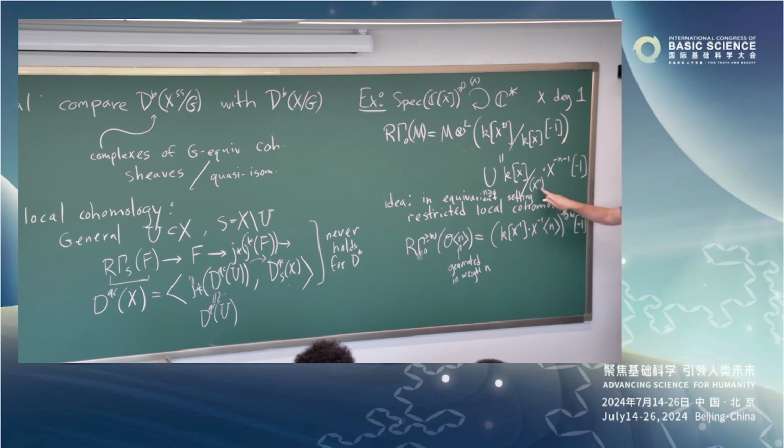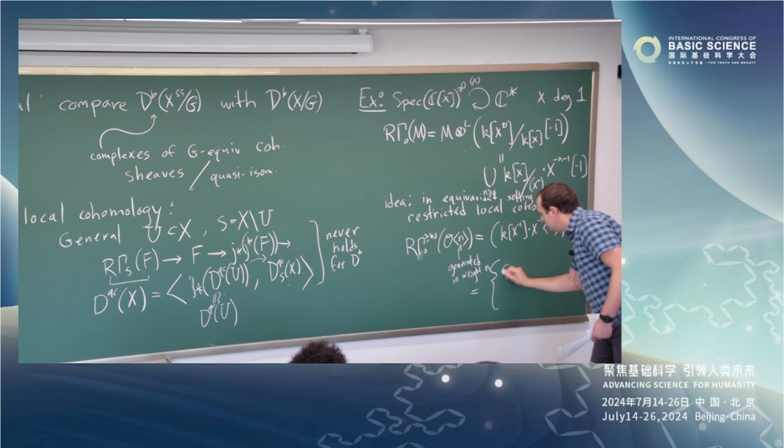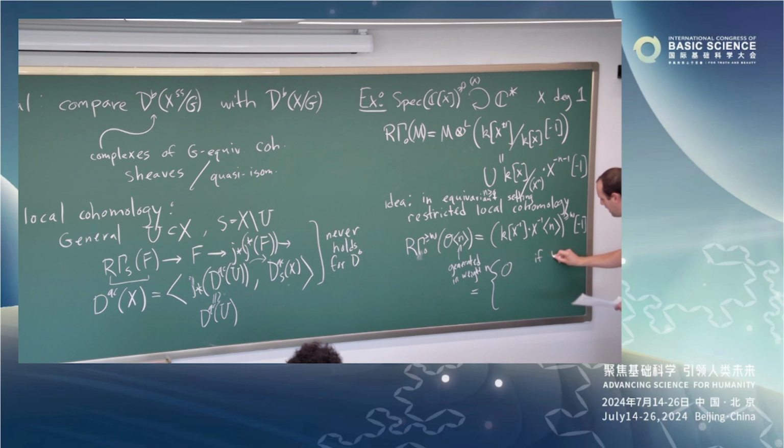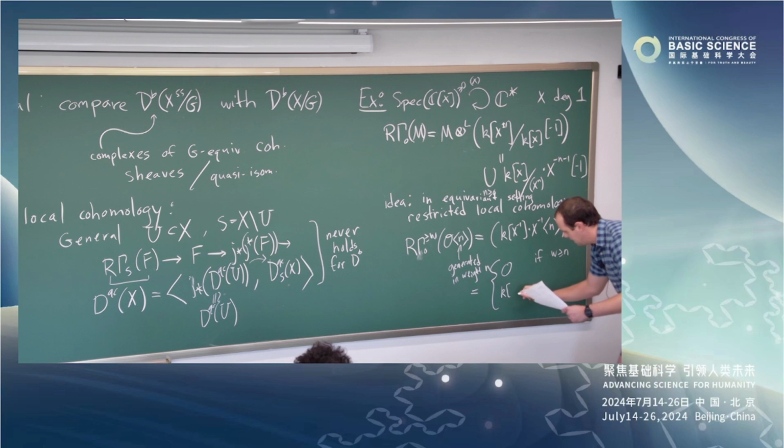Because all you have in here are higher and higher negative powers of x. So just to make it explicit, it's 0 if w is greater than or equal to n, and otherwise there's just a formula for it.